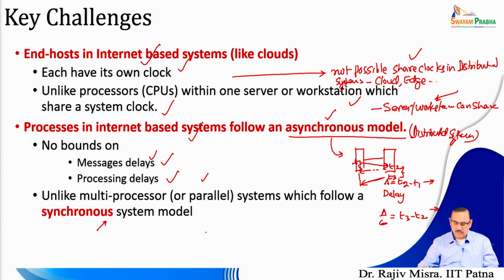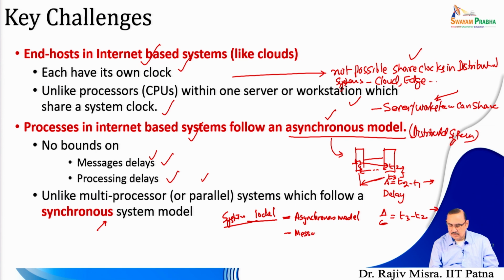Let us summarize what we have seen in this slide, which is the model. The system model for clock synchronization that we are going to discuss considers an asynchronous model where the message delays have no bounds.